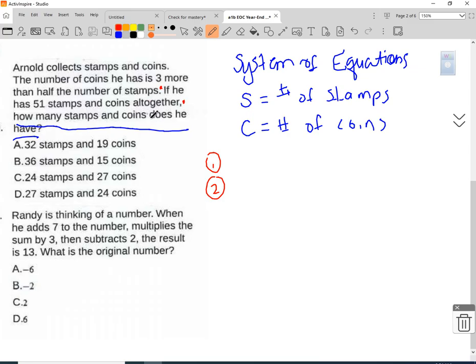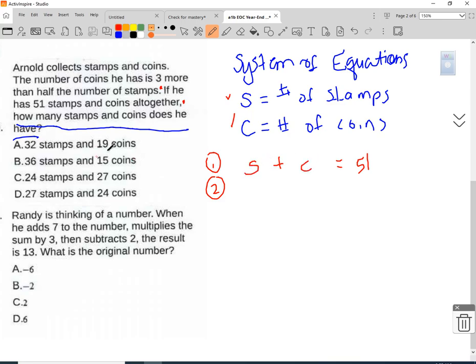What does all together mean? Combine them. What's the operation for combining? Adding. Yeah. So we're going to add. When we add them, what are they going to equal? 51. What are we adding? Right. S and C. The number of stamps plus the number of coins all together is 51.